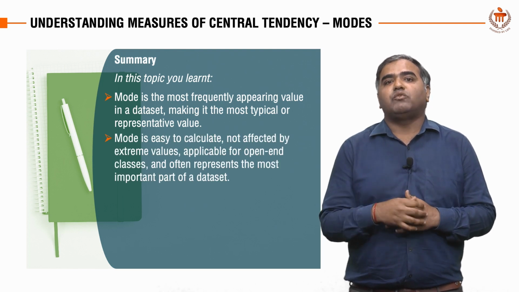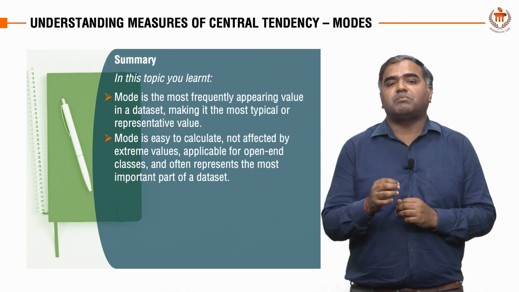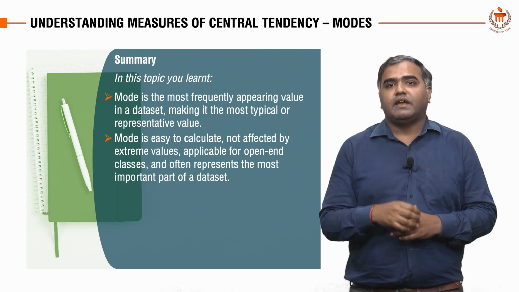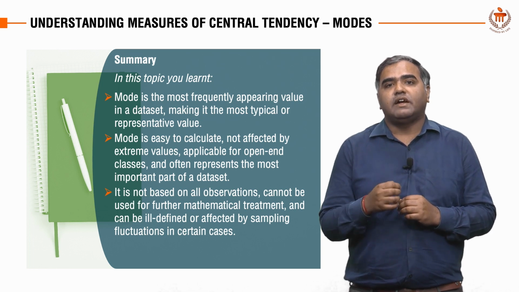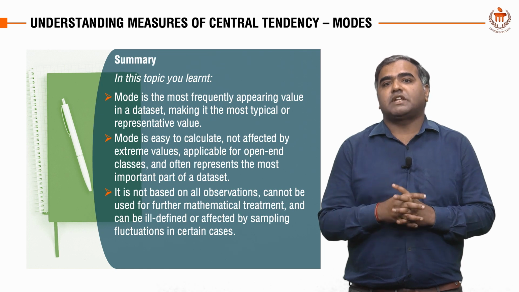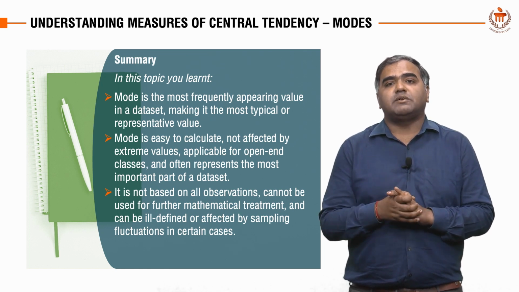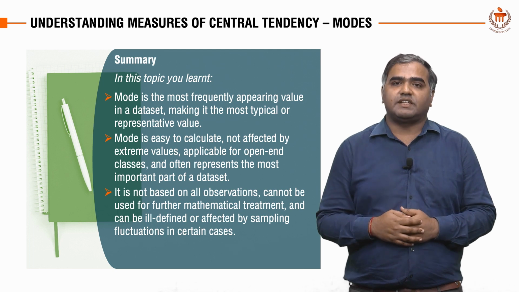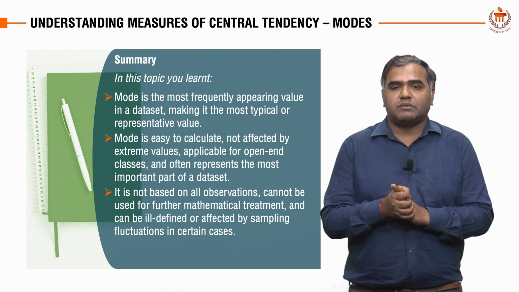It is applicable for open-ended classes and often represents the most important part of the data set. It is not based on all observations, it cannot be used for further mathematical treatment, and it can be ill defined or affected by sampling fluctuation in certain cases. So I hope you have understood the concept of mode.